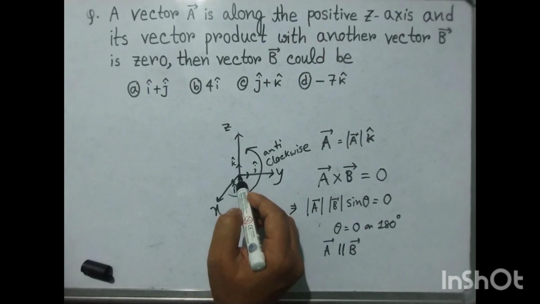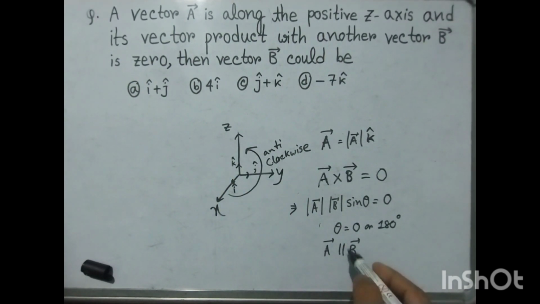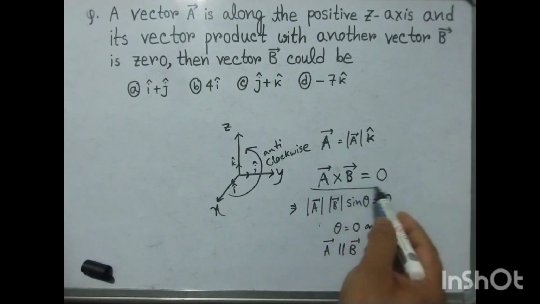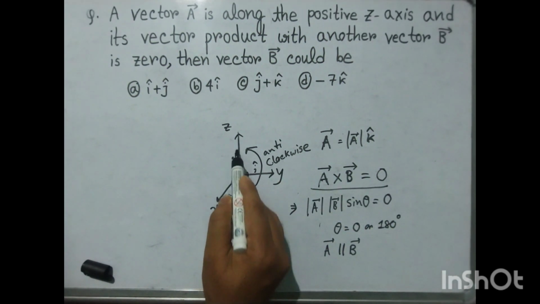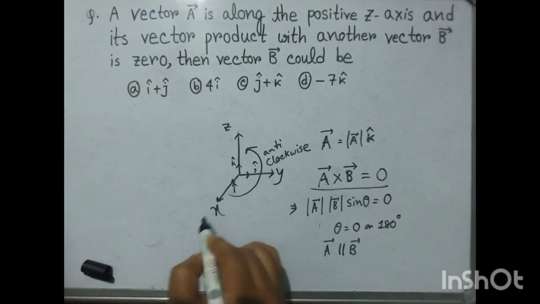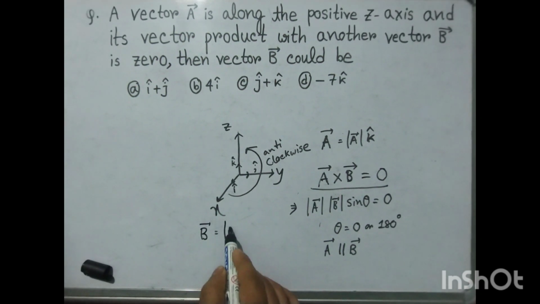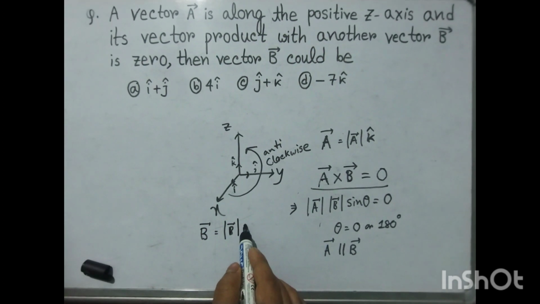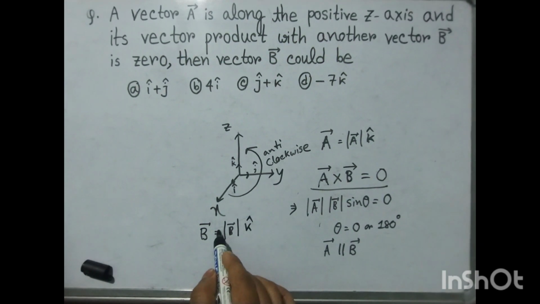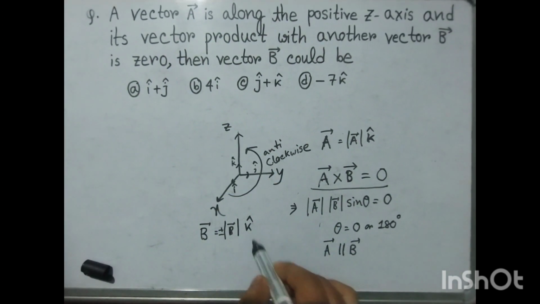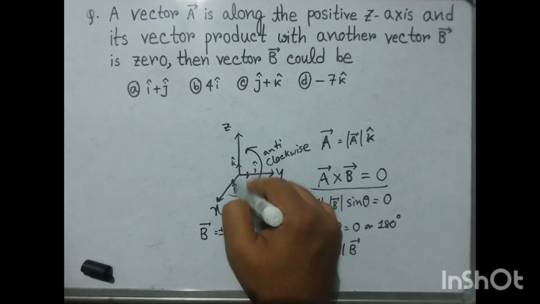So if a vector is towards k cap, then to hold this condition, b vector should be either along the positive z-axis or along the negative z-axis. So that means I can say b vector is also mod b vector k cap, and it can be plus or minus. It can be towards the negative z-axis or towards the positive z-axis, but it must be parallel to k cap.